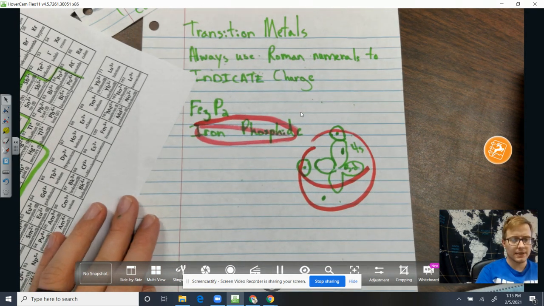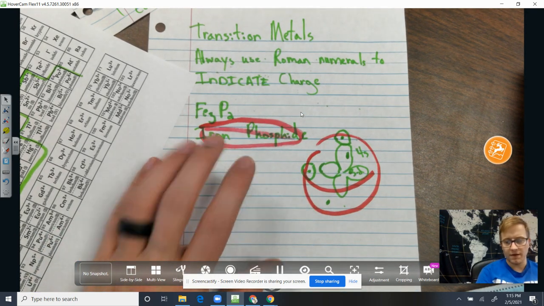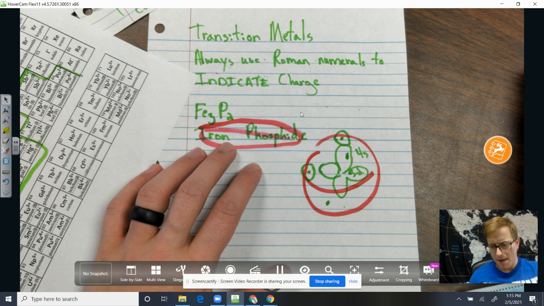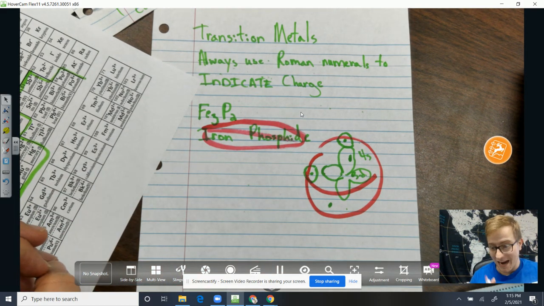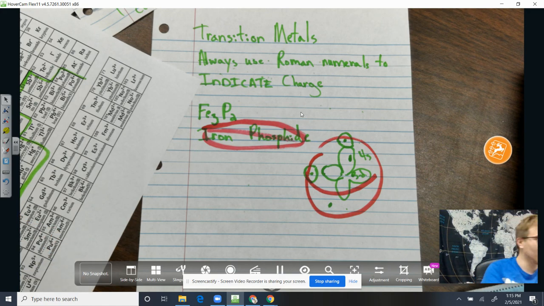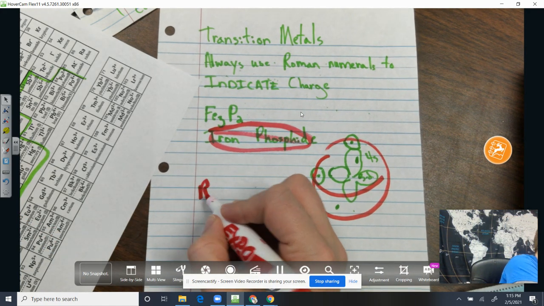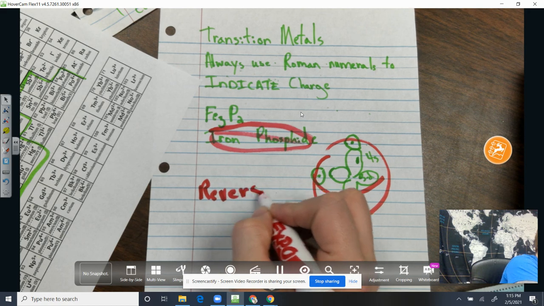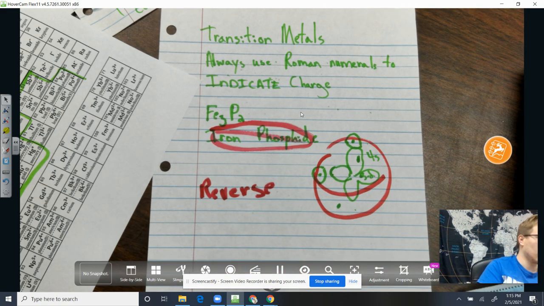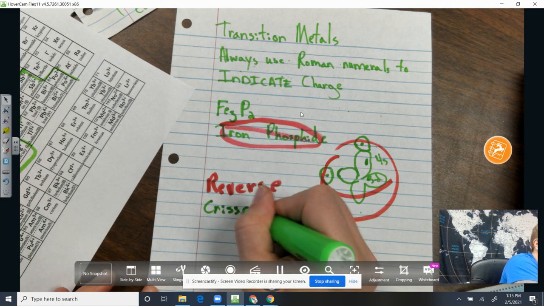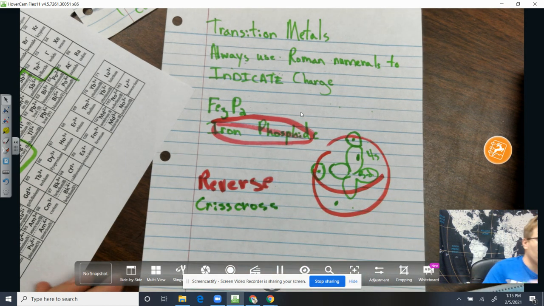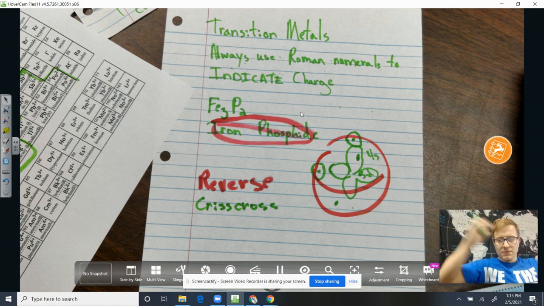So how do we name it? We are going to name it based off the charge. Now you're going to ask me, Mr. Curlin, how do I find the charge? I'm going to say reverse crisscross. Here, previously, you went from top to bottom. Now we're going from bottom to top.